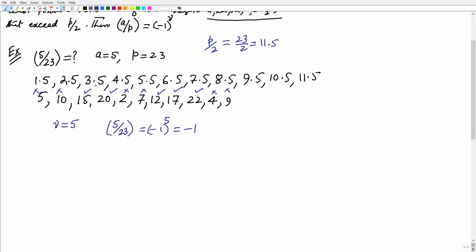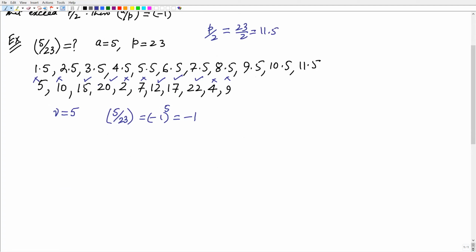Let me give an example: the Legendre symbol of 2 over 13. Here a is 2, p is 13, (p minus 1)/2 is 6, and p/2 is 6.5.